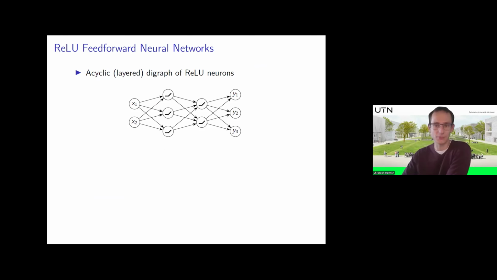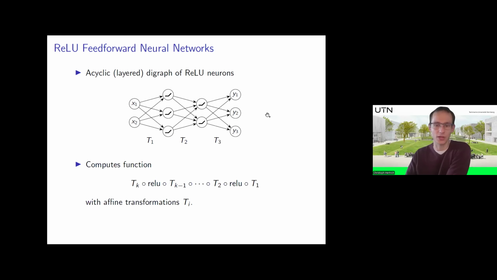So this graph view is one way to view a neural network. Another way is to look at, basically, affine transformations that happen between layers. So if you aggregate all the weights that are on the edges between two layers, you can put them into a matrix and you will have an affine transformation Ti.